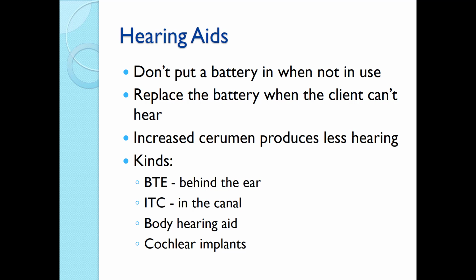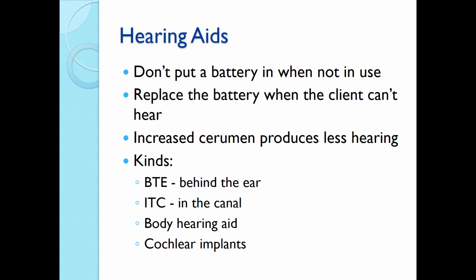And then there's lots of different types of hearing aids that you will encounter. There's behind the ear versions, there are in the canal hearing aids, some newer versions for those that have severe hearing impairment, cochlear implants, and what I would consider to be a little bit of an older version would be the body hearing aid.